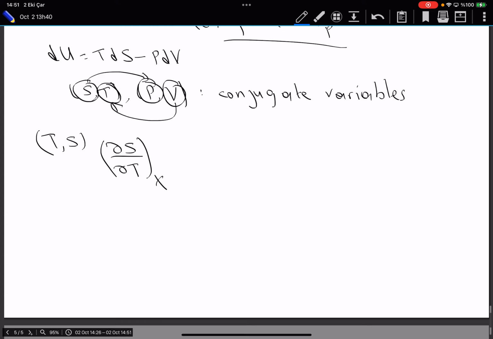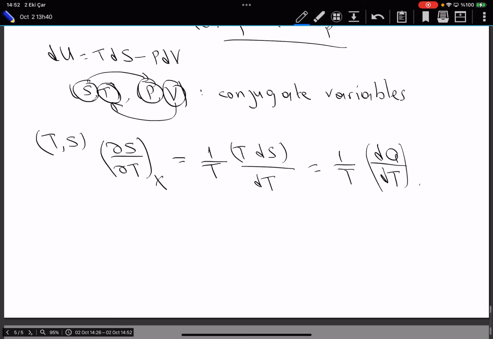Now, usually what we do in these cases, this is 1 over T times T dS by dT. This is 1 over T dQ by dT during this process X. Let me also put this small bar on d, so that it's not the derivative of a function.